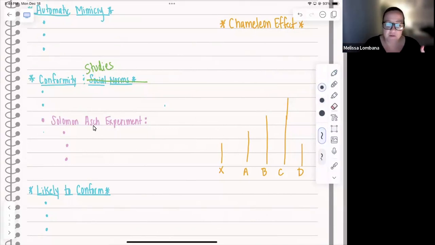So in this experiment you had your participant, and everybody else was a Confederate. They had like 5 or 6 Confederates. They strategically placed the participant kind of in the middle or towards the end so he could hear all these other people talking. They would say, okay, look at X and pick which one of these is the same size.